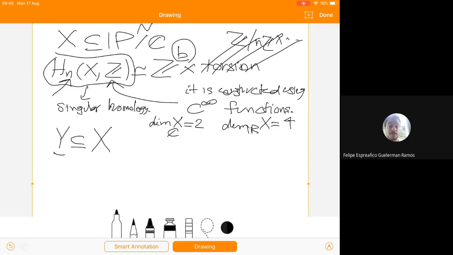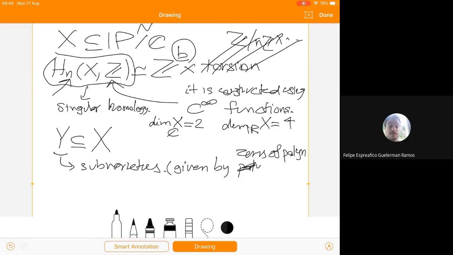Anyway, we can consider subvarieties. When I am saying subvarieties, this is in the framework of algebraic geometry, given by zeros of polynomials.